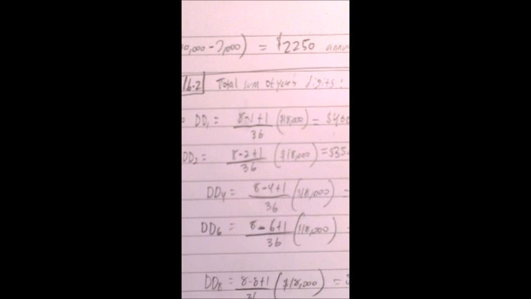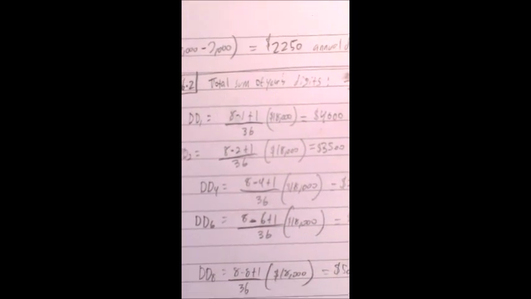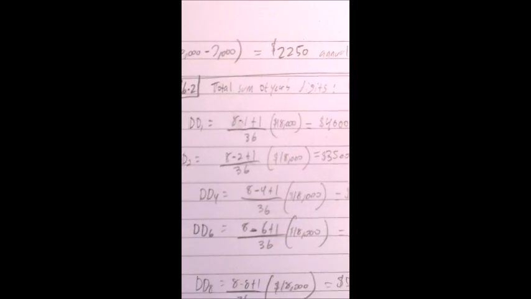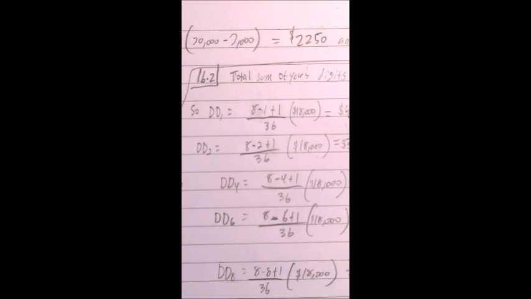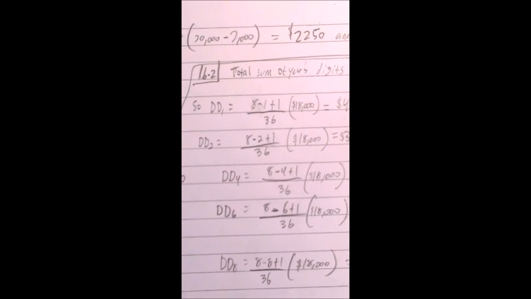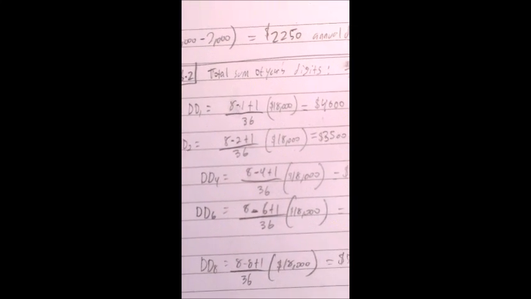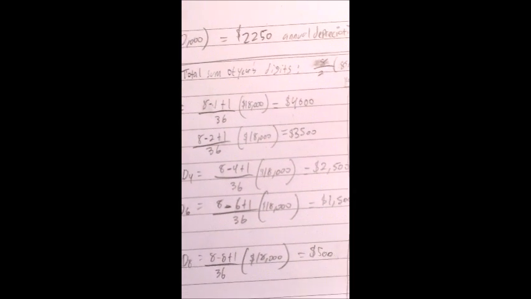When we actually do the computation, d sub 1, it's going to be 8, which is our n value, and then minus t, and we're starting out at 1, so it's going to be minus 1 plus 1, and then over that value that we just calculated, the total sum of years digit, 36. So we take that and we multiply that by $18,000, and that's 4,000.